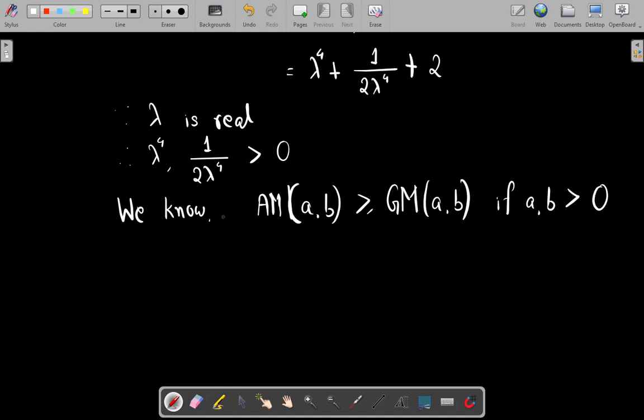Since lambda to the power 4 and 1 upon 2 lambda to the power 4 are positive real numbers, we can use that here.